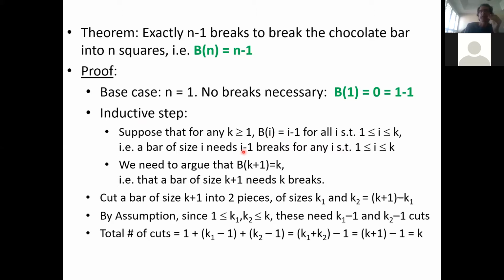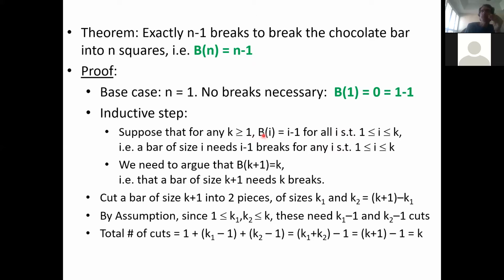Then what I need to argue is that based on this assumption, if I can show that this formula is true about k plus 1, in other words, the bar with k plus 1 elements requires exactly k, then I would have this proof by strong induction. So let's see if this can be argued.